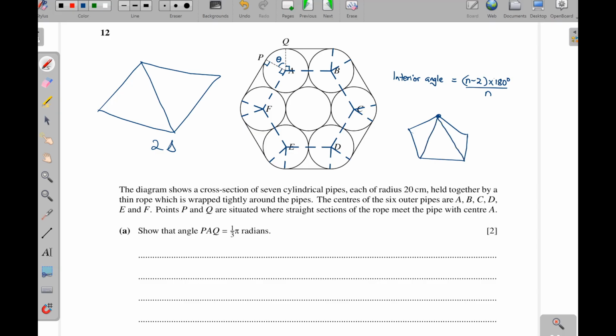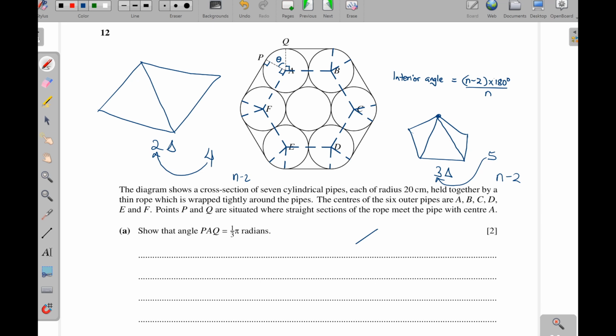So how many do I have? 3 triangles. But the sides are how many? 5. So if the sides are n, then the triangles will be n minus 2, because from 5 to 3 is a 2. These are 4 sides. So from 4 to 2, don't you get n minus 2?